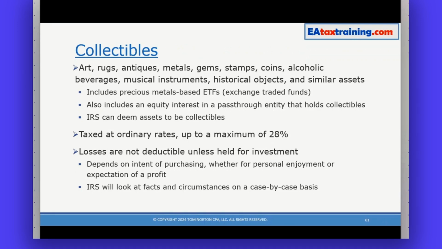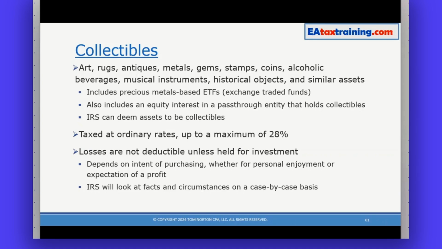So the sale of these is taxed at ordinary rates, even though they are capital assets. However, the maximum ordinary rate they are taxed at is 28%. If you remember on that capital gains tax chart, we had the capital gains rates, and next to it we had the ordinary income tax rates that went all the way up to 37%.